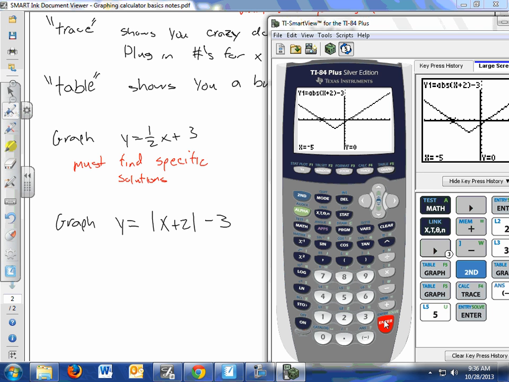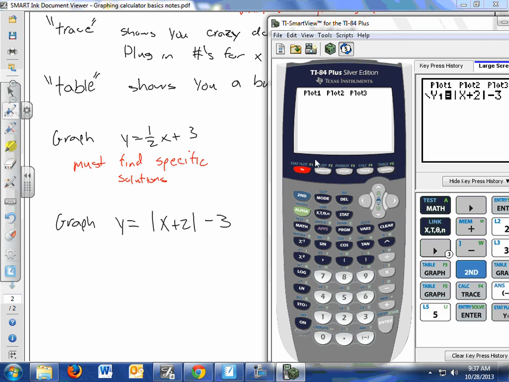Math to the right. There it is. X plus 2, close the parentheses, minus 3. Okay.